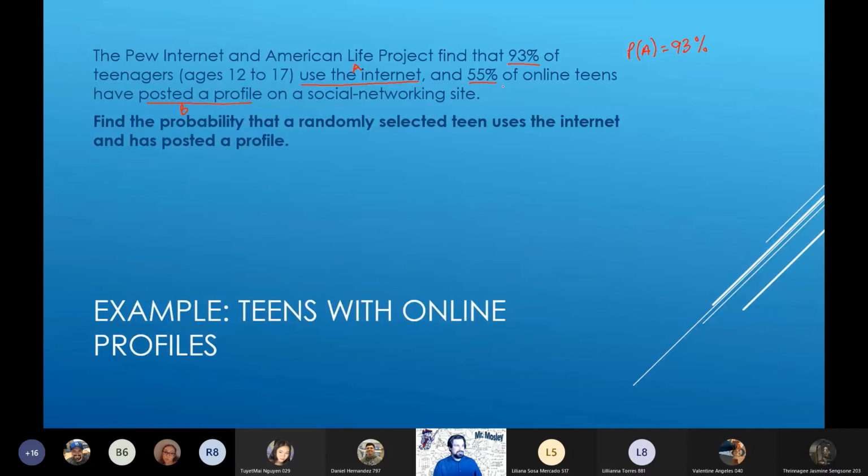So given a teenager uses the internet, 55% of them posted a profile. So that is probability of B given A equals 55%. These are the two known probabilities based on the context provided. Are there any questions on how I came to those two probabilities?